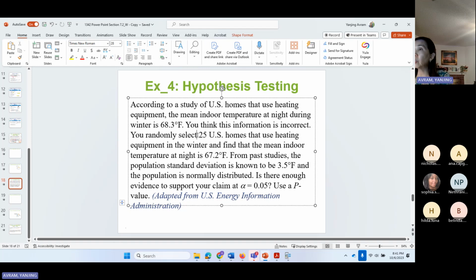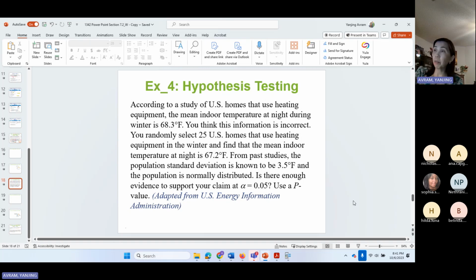So you randomly select 25 U.S. homes that use heating equipment in the winter and find out the mean indoor temperature at night actually is 67.2 degrees Fahrenheit. From the past study, you know the population standard deviation, sigma, is 3.5 degrees Fahrenheit, and this tells you the population is normally distributed. So is this enough evidence to support a claim at alpha equal to 0.05 level?